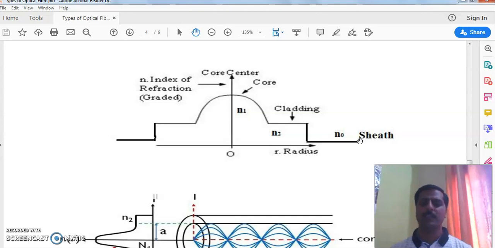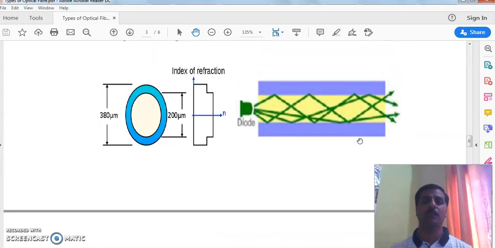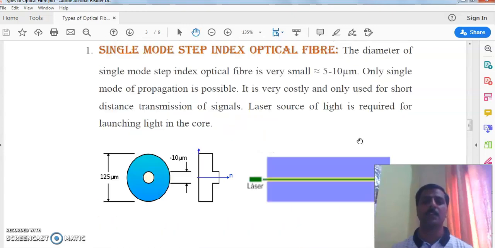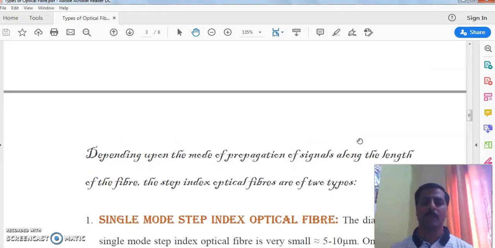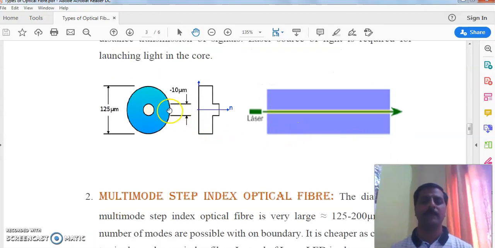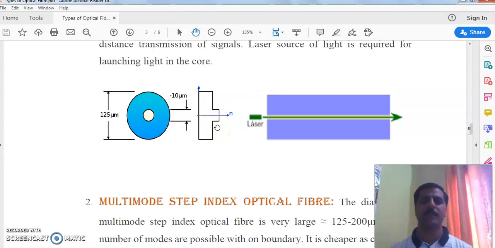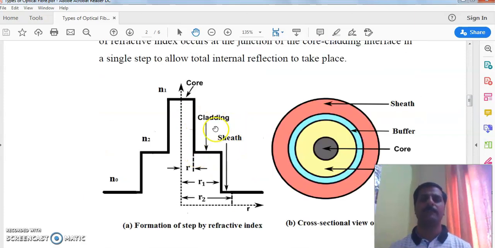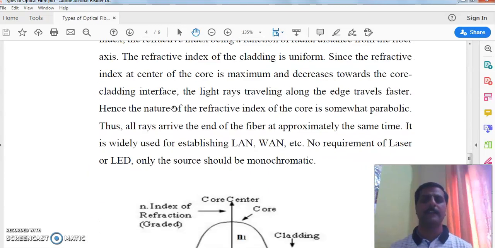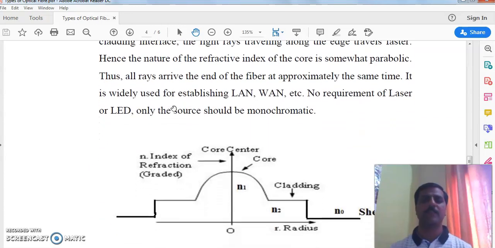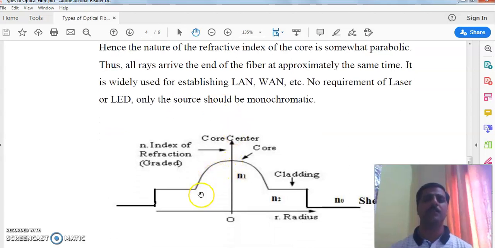So when we compare this with the single mode optical fiber, we see that there is a formation of a step. You have to see here, there is a formation of a step, that is, refractive index N1 remains uniform there, but here in the graded index, it is maximum at the center and then decreases on both sides.